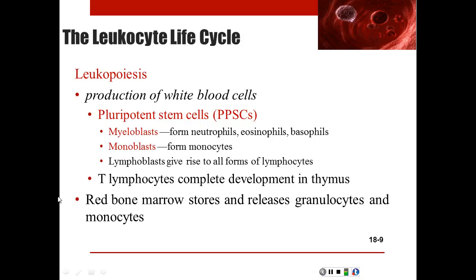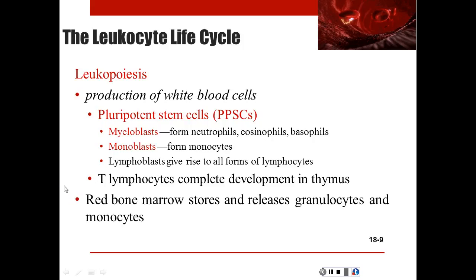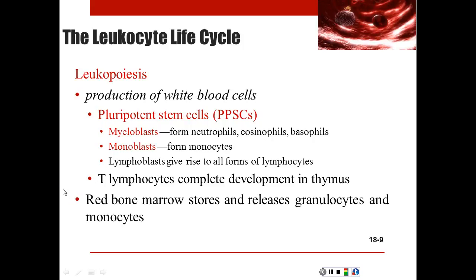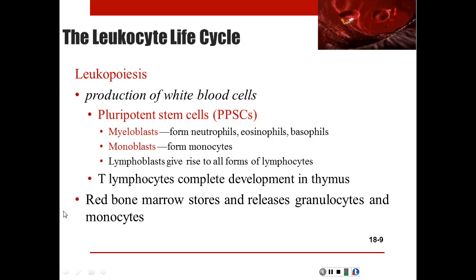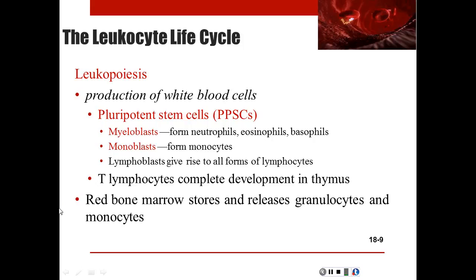Now, T lymphocytes complete their development in the thymus, and others will be rerouted. Once they mature, they go to the spleen, the lymph nodes, and other lymphoid organs and tissues.